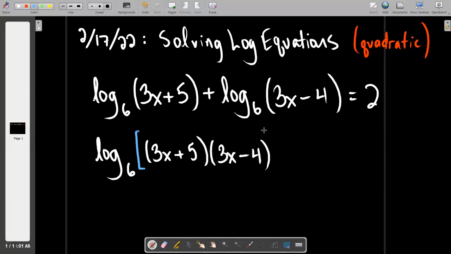I'm only using the colored blue brackets to emphasize that all the stuff in the blue is the argument now of our single condensed log. And then, of course, that's equal to 2.